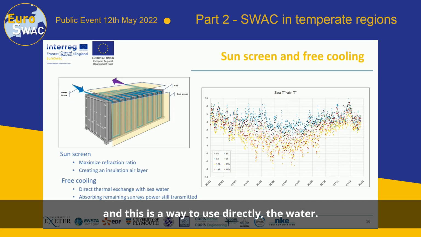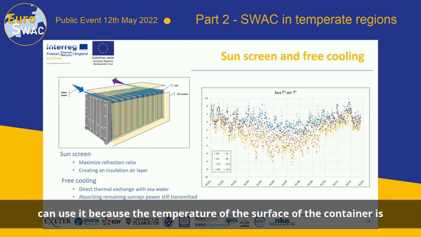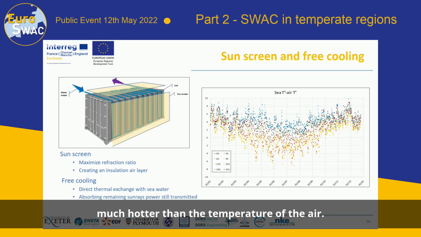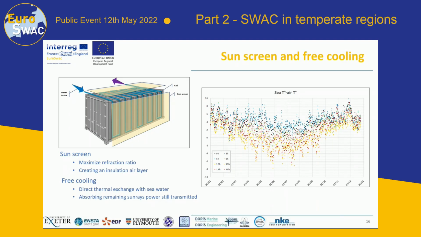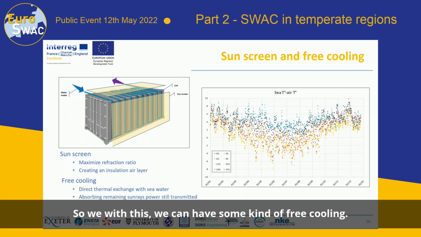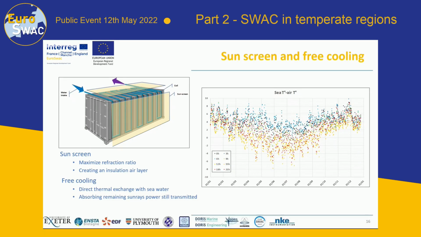And this is a way to use directly the water that is going on this coil, which is just plain seawater, and we can use it because the temperature of the surface of the container is much hotter than the temperature of the air. If it was just at the temperature of the air, it would not be enough. So with this, we can have some kind of free cooling.